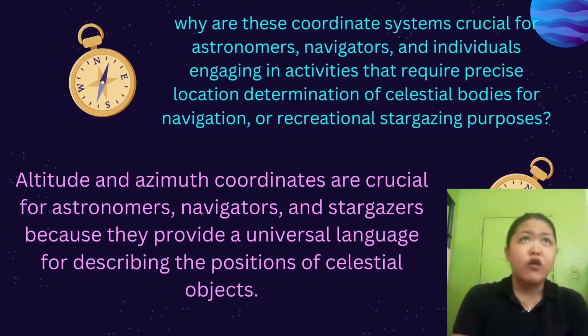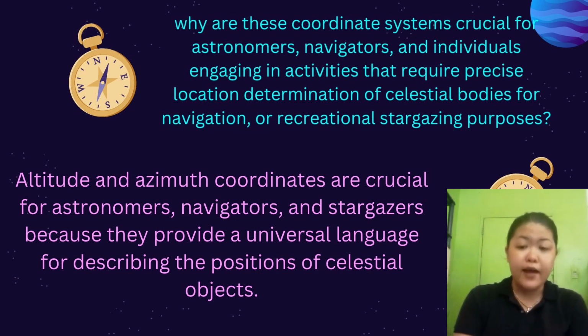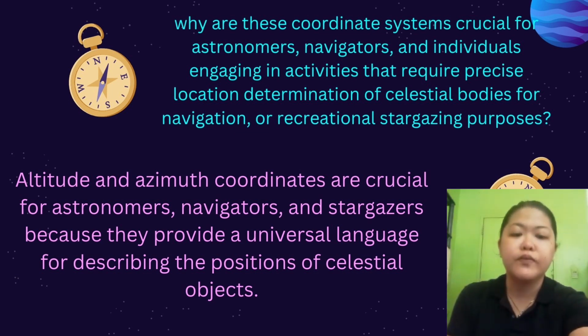Syempre kung naay bagyo, for sure wala gyud signal, and then the crew is lost with no way to know their position. So unsay solution? Using a sextant and a compass, the crew can measure the altitude and azimuth of a known star by comparing this measurement to star charts or nautical almanacs. They can calculate their latitude and longitude, allowing them to navigate back to safety. So, importante gyud siya.